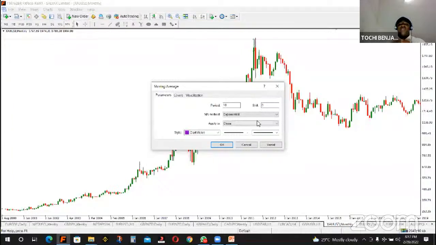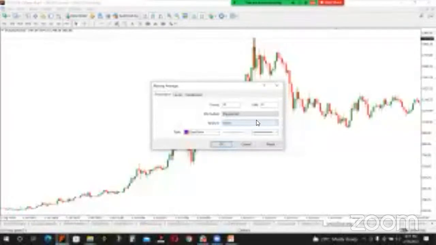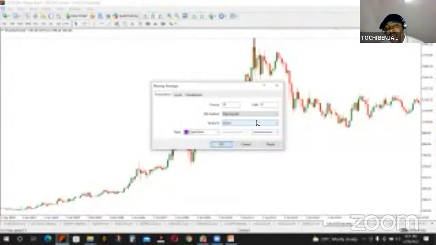If you are a swing trader, what you should use is 50 and 100, or 200, as the case may be. Swing traders and position traders use the same moving averages. As a position trader, you will use a 200 period moving average on your chart.